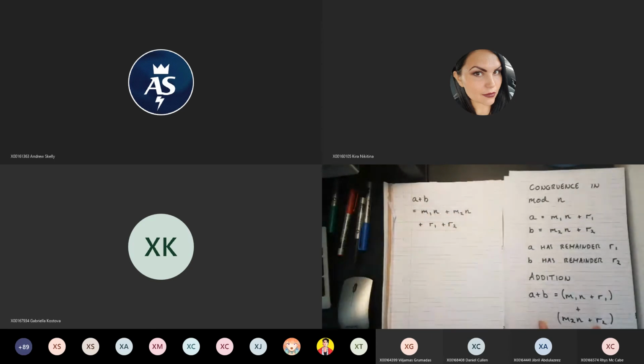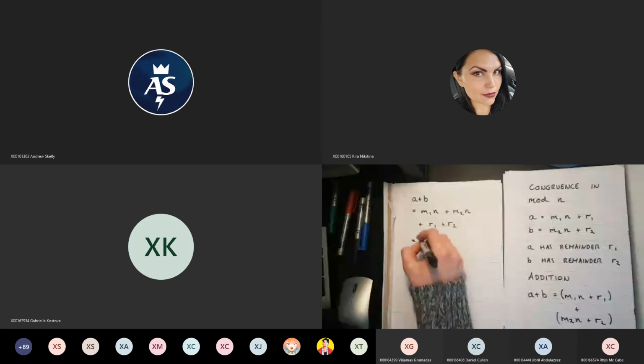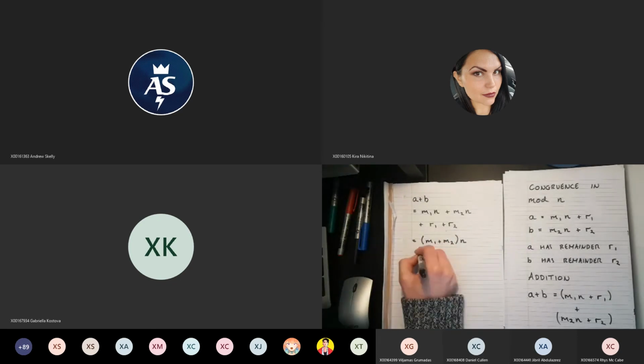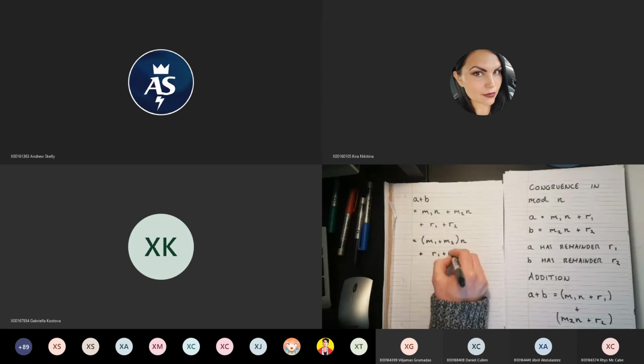It's the same thing. All I've done is shuffle the order of terms. And now I'm going to do one more step. I can see that this one up here is really m1 plus m2 multiplied by n, and then the term down here is r1 plus r2.